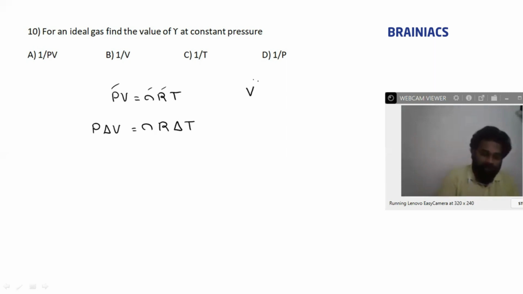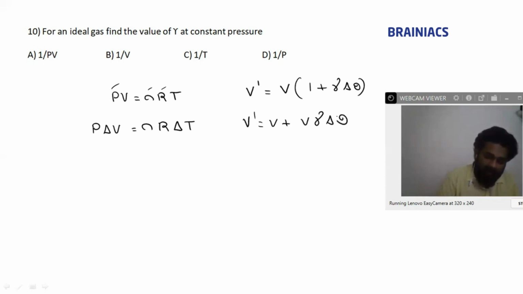Suppose the new volume is V dash and the old volume is V, then we know V dash is equal to V into (1 plus gamma delta theta). So V dash is equal to V plus V gamma delta theta.